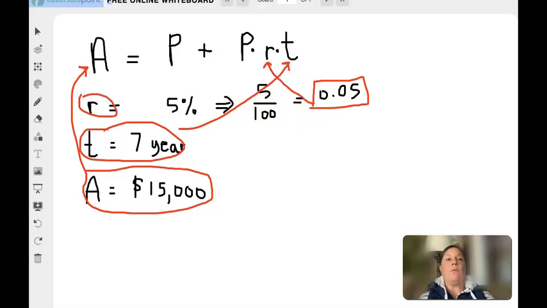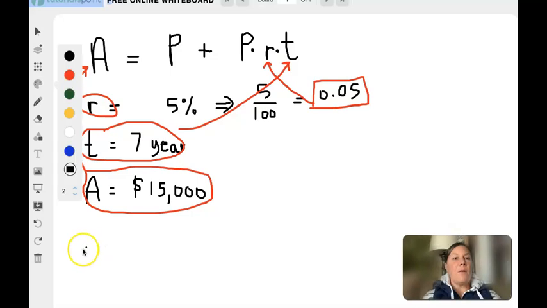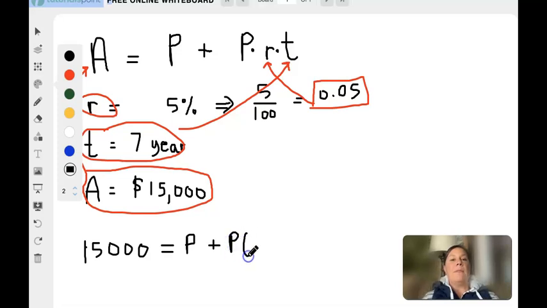So let's rewrite this. My A is 15,000, so I'm going to put that in here, 15,000, and that is equal to my P plus P times 0.05 times my time, which is 7.